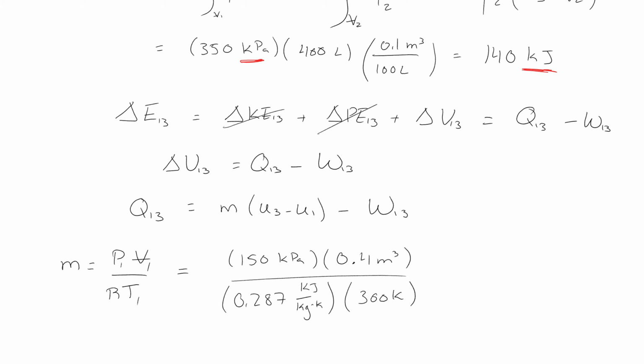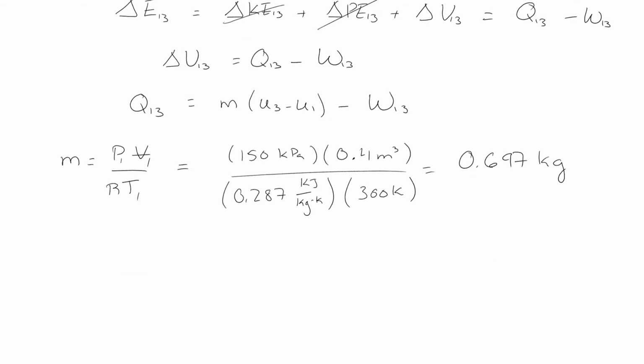When you're using the ideal gas equation of state, make sure you always use absolute temperature. So do not be tempted to put temperature in degrees Celsius into this place. Right? Okay, so that gives me a mass of 0.697 kilograms.